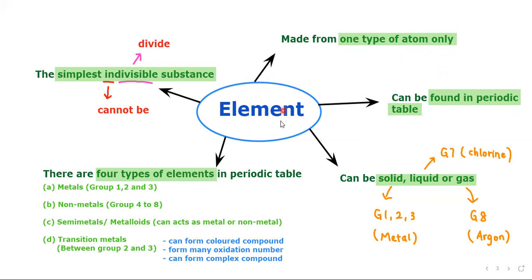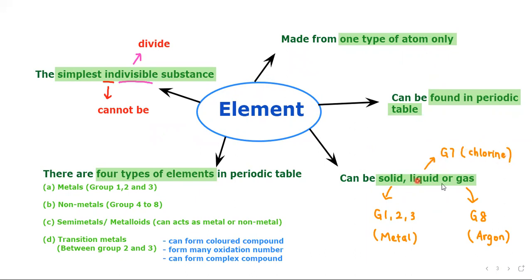This element can act as a solid, liquid, or gas. Let me give you an example. As we know, group 1, group 2, and group 3 belong to metals, right? So these metals remain in a solid state, so an element can be solid. For liquid, let's give an example, say chlorine. Chlorine liquid is poured into the swimming pool to kill bacteria.